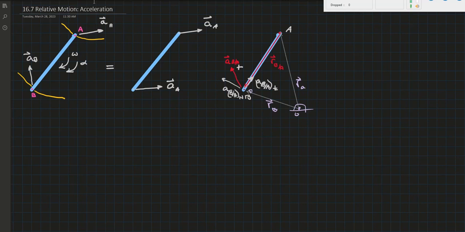And I've got these backwards. It's one of those days. This is the normal, and this is the tangential, obviously. So those are the components of this acceleration that we end up with.